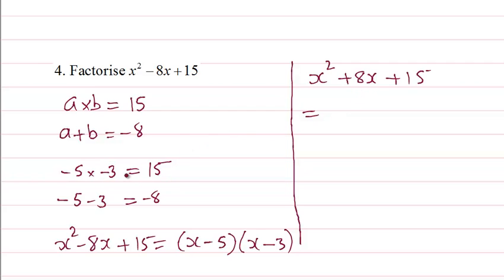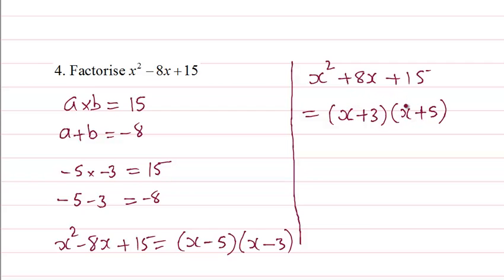So instead of the negative ones, we would have the positive ones. It doesn't matter which order we write them. It would be x plus 3, then x plus 5. So you can always again expand to check you get the right answer.